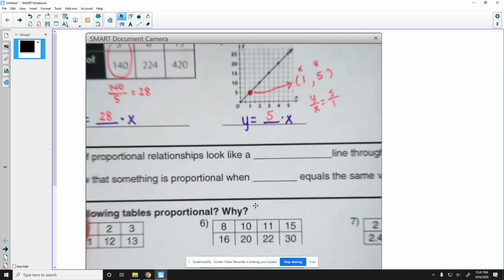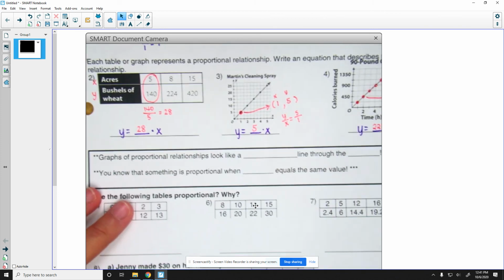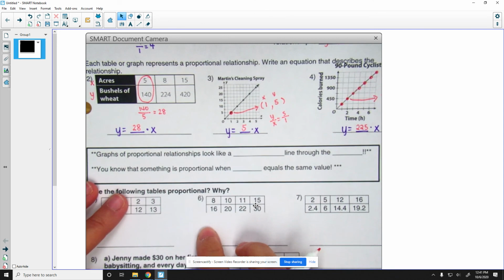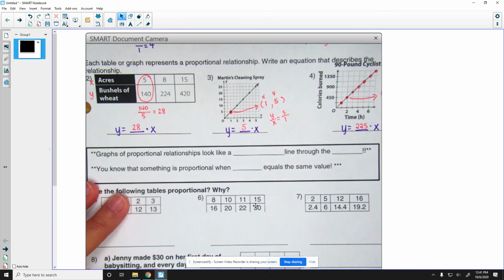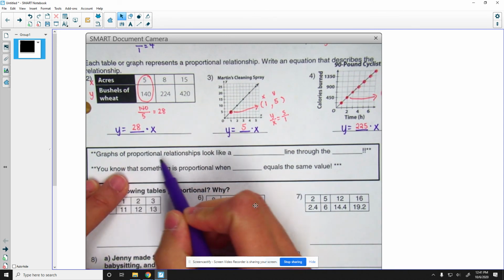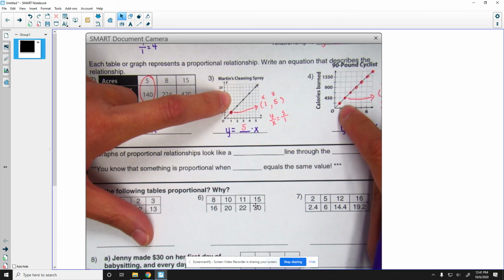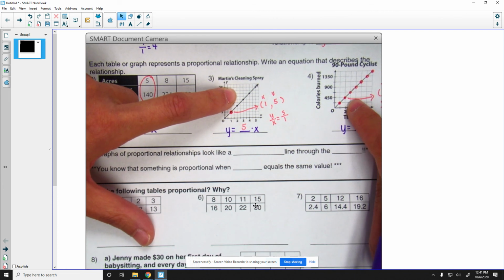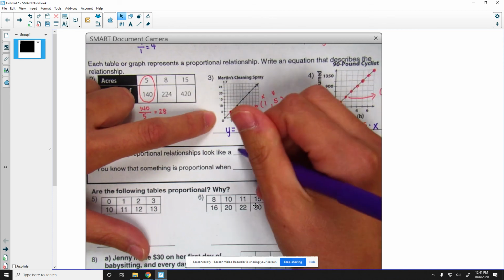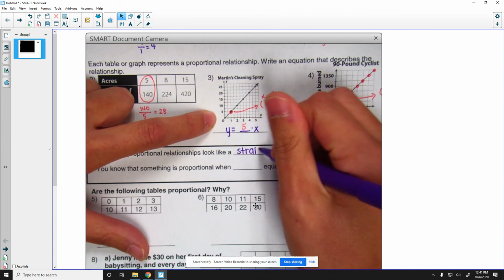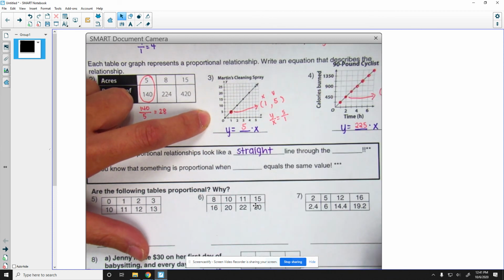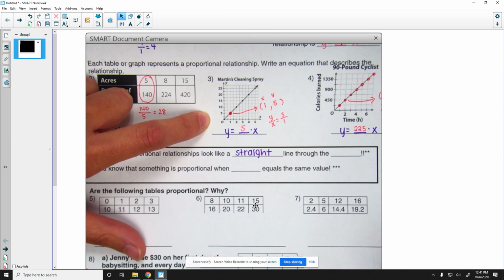Okay, Frankie, turn around. All right, so everything that we've done so far is something called a proportional relationship, okay? What I need you to know is that graphs of proportional relationships look like what type of line? Straight or curvy? Straight. So they are always going to be straight lines, and it always goes through the corner.